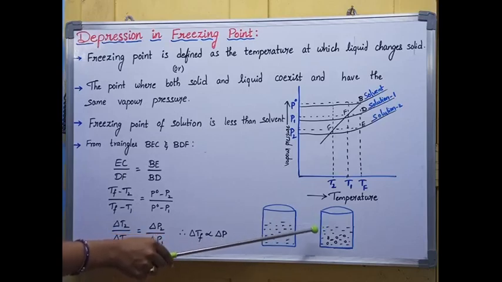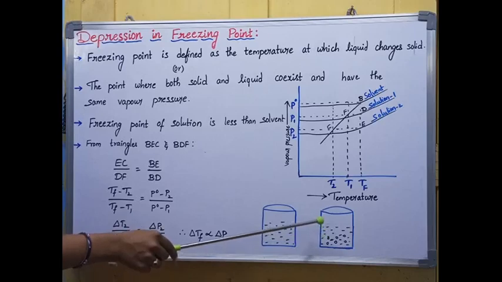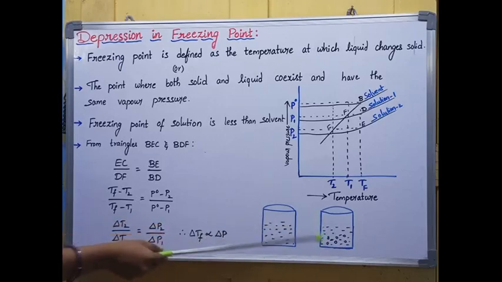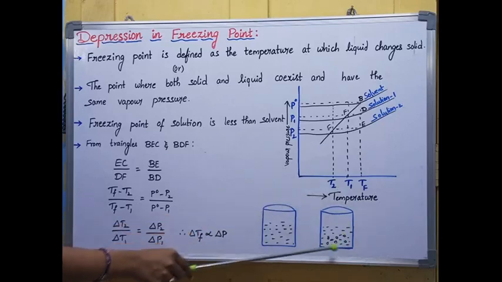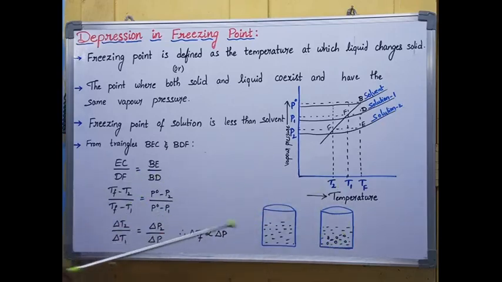That means, in order to bring the solute and solvent molecules together, I need to decrease the temperature more when compared to the solvent. Hence, we can say that the solution's freezing point is less when compared to the solvent's freezing point. This decrease is called depression in freezing point.